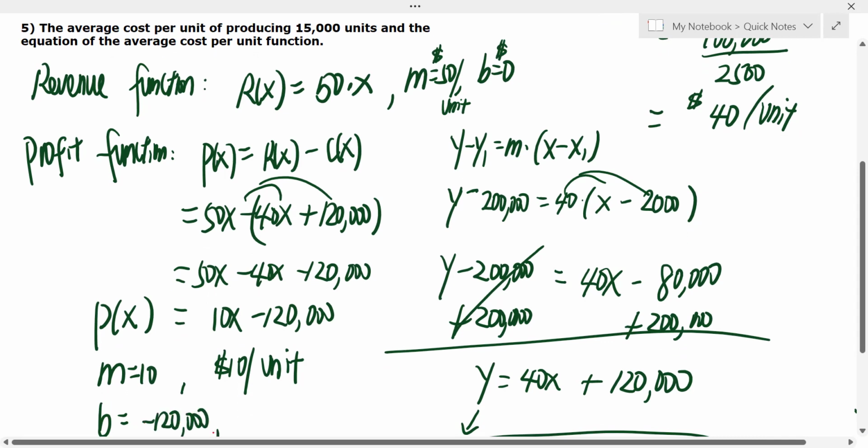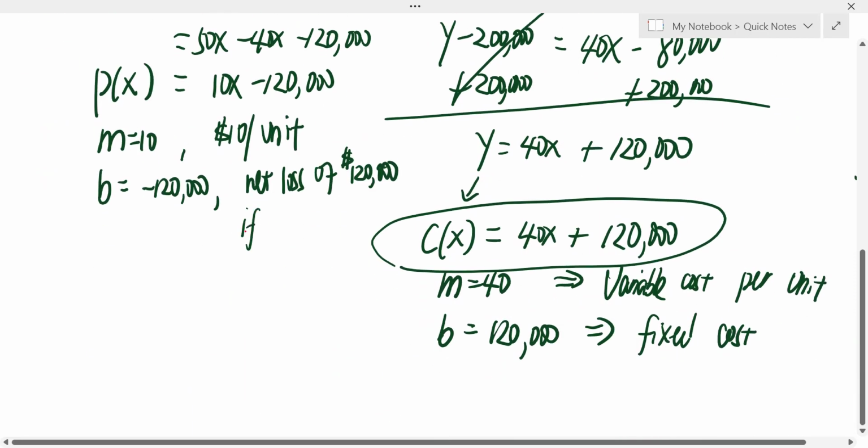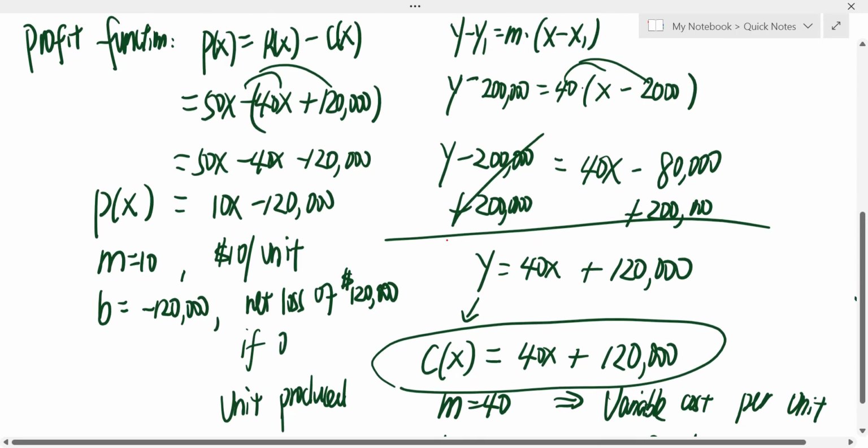Meaning, if there are 0 units produced or sold, then there is a net loss of $120,000, if 0 units produced. Okay. So that's all 3 different functions here.